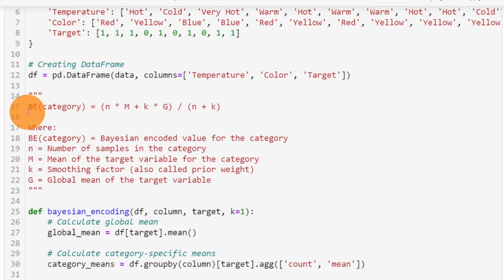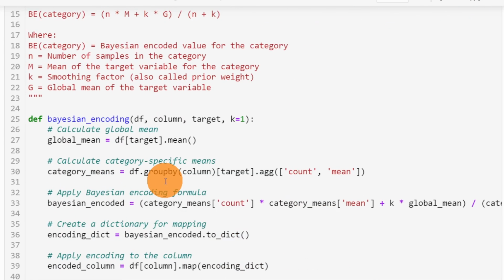Now, if we recollect the Bayesian encoding formula, it is n star m plus k star g divided by n plus k, where n is the number of samples in the category, m is the mean of the target variable of the category, k is the prior weight, and g is the global mean of the target. Now we'll be implementing all this in our function.